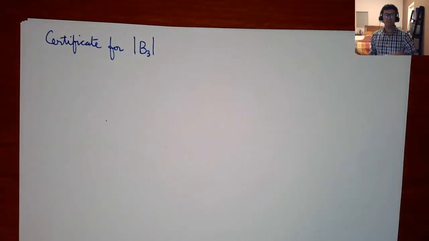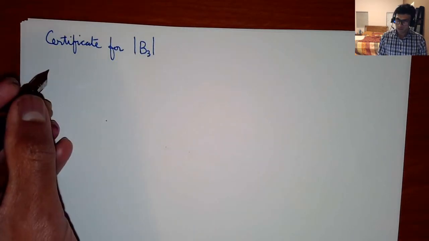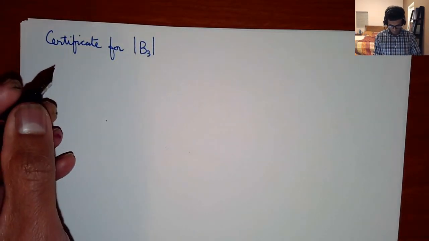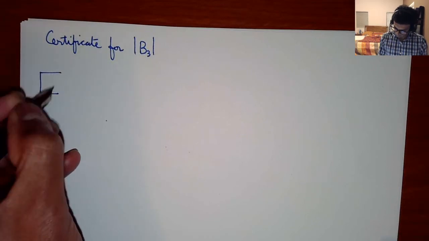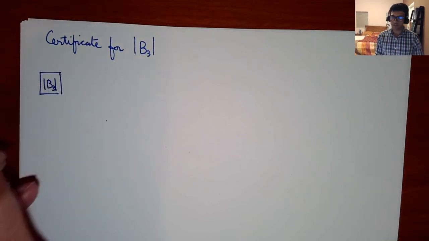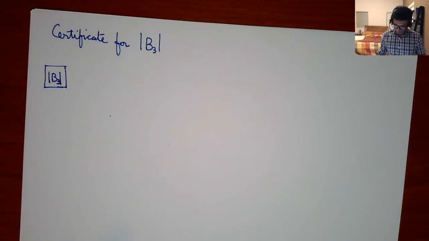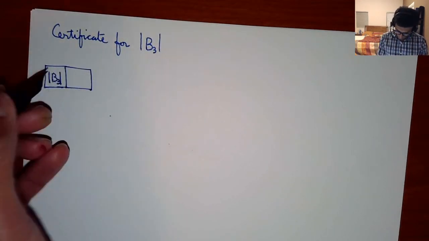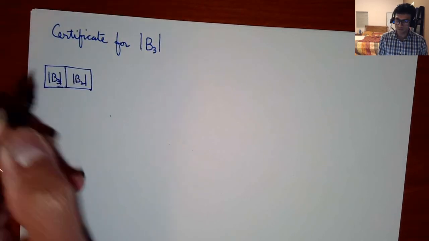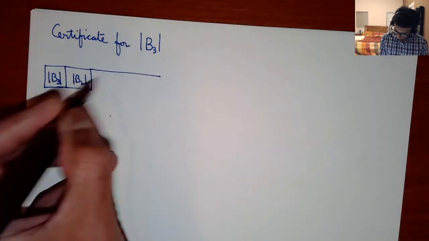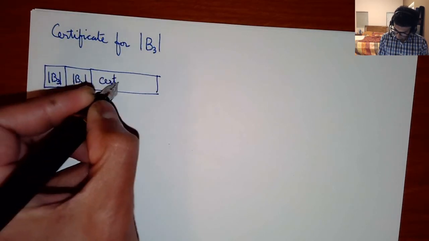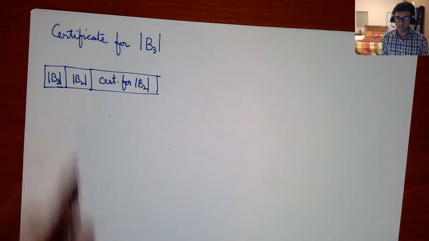Because if we can get the size of B3, then we can do it for B4, and so on and so forth. And you'll see that the increase in the length of the certificate is not going to be multiplicative, but additive. So to certify B3, first you get the size of B3, whatever the size is. Then you get the certificate for the size of B2.